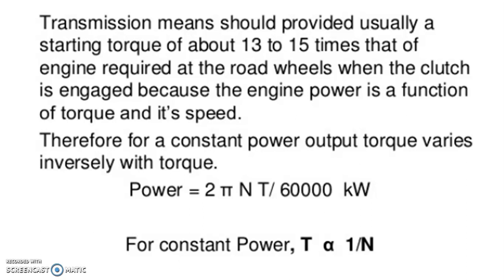You must keep in mind engine power is a function of torque and speed. Therefore, for constant power output, torque varies inversely with speed. So we can write power equals 2 pi N T upon 60,000 kilowatt, and for constant power, torque T is directly proportional to 1 upon N. This is the relation between torque and N, where N is the speed in revolutions.